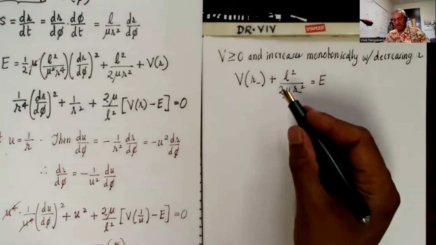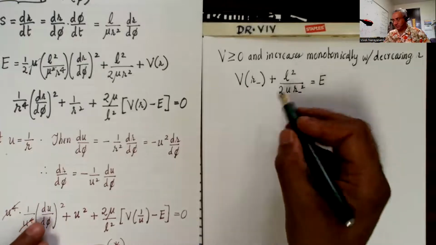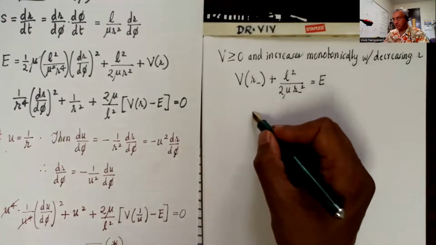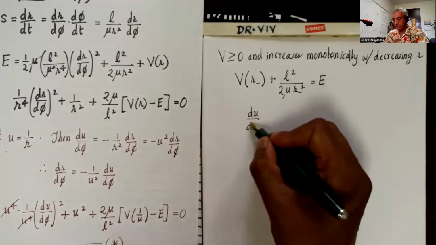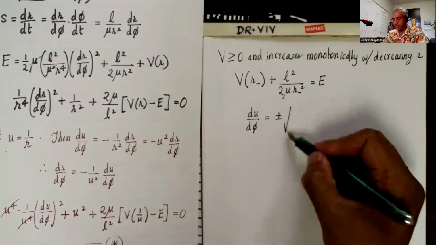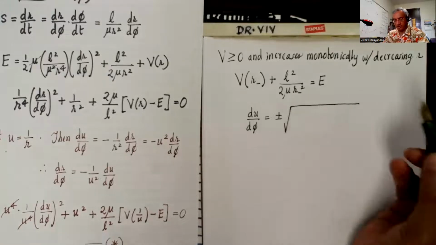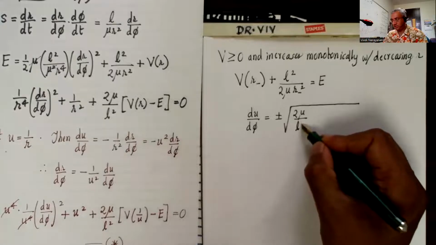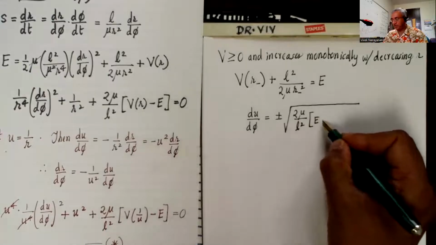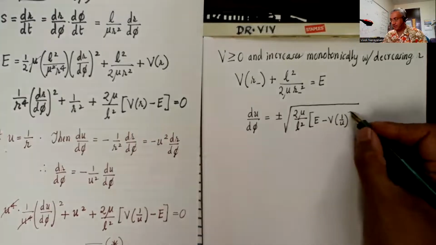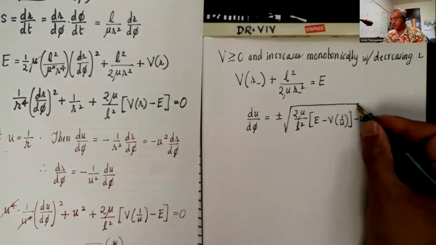Now, meanwhile, I can actually solve for this. So let me solve for du by d phi. Because of the square, I have that equal to plus or minus the square root of everything else. That is not du by d phi. So that's going to be 2 mu over L squared times E minus V of 1 over U, minus U squared.